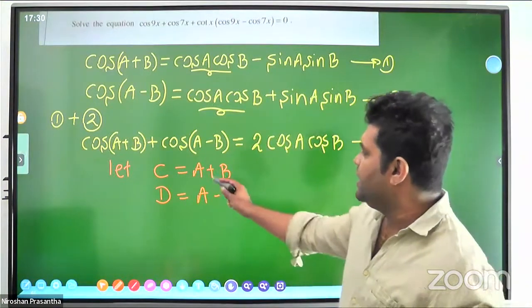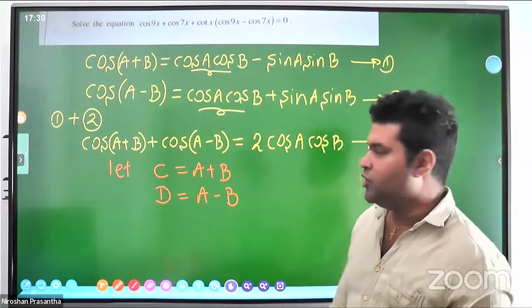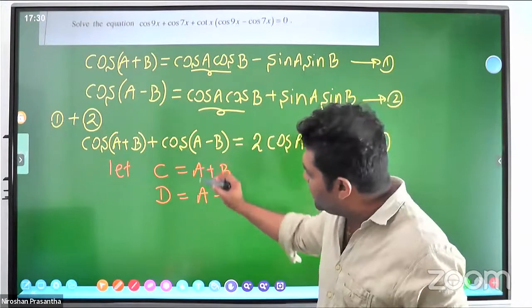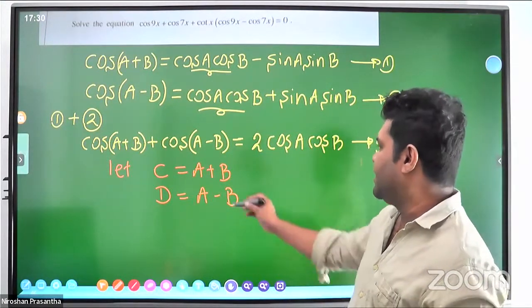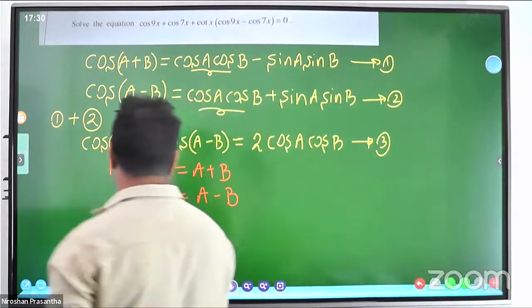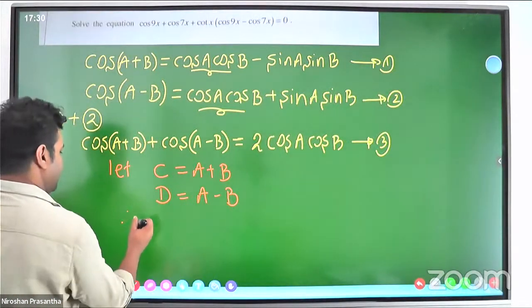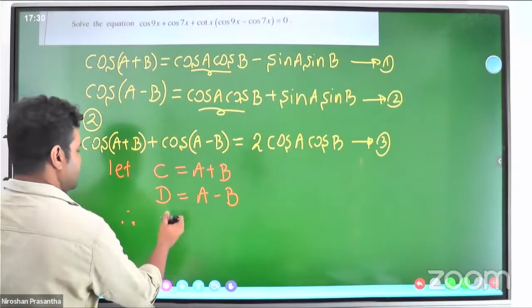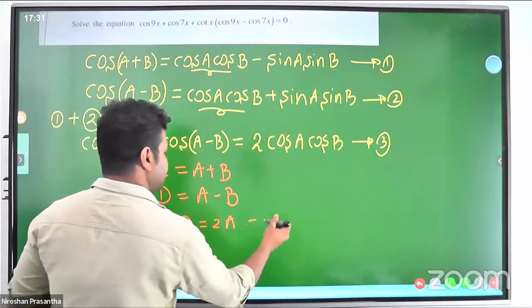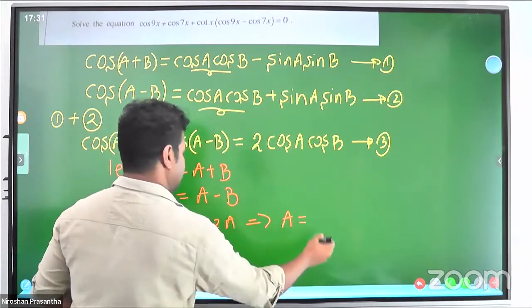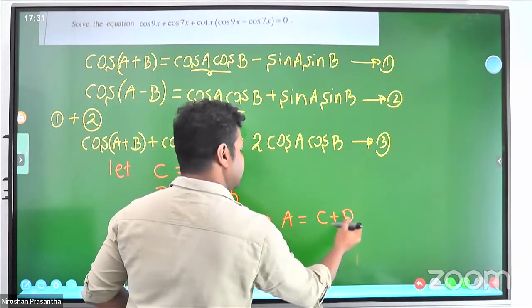Now we can write down what A and B are. To find A, with simultaneous equations, plus B minus B cancel, and double A will be C plus D. Therefore, if you add them together, C plus D equals double A. What is A? A is C plus D over 2.